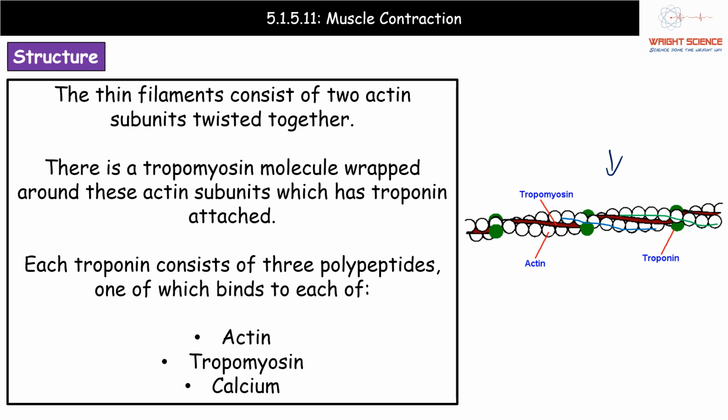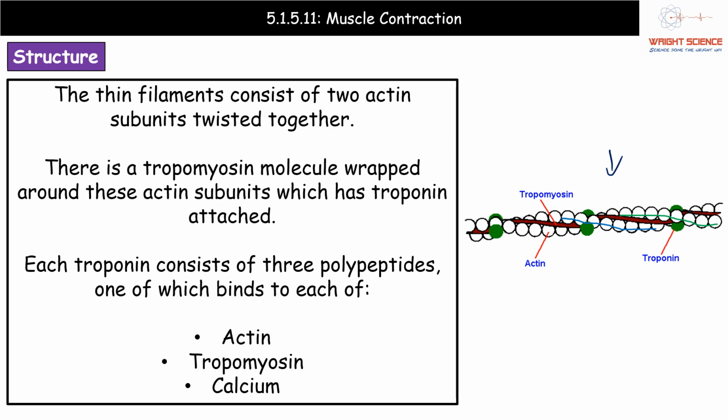What we then have is that dark red browny coloured bit is a substance called tropomyosin, and that's wrapped around the actin subunits. And attached onto the tropomyosin, we've got those green little blobs, which are troponin. And troponin actually has 3 polypeptides: actin, tropomyosin, and calcium binding points.